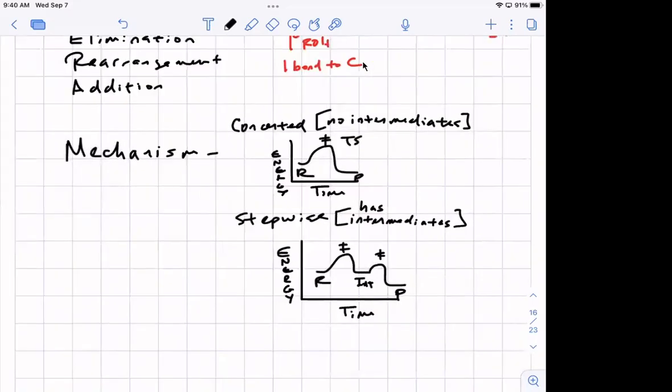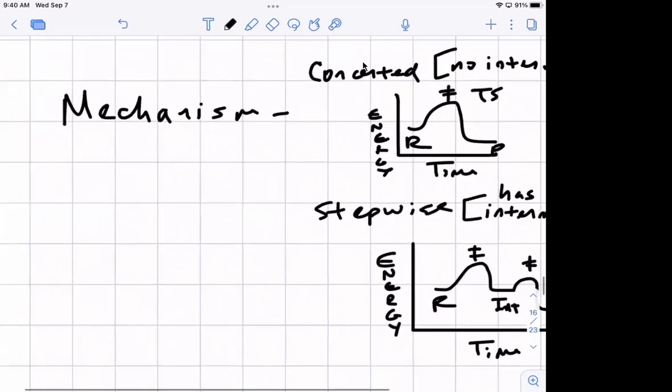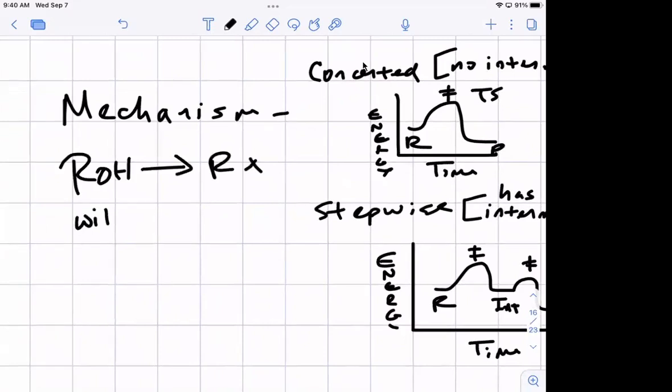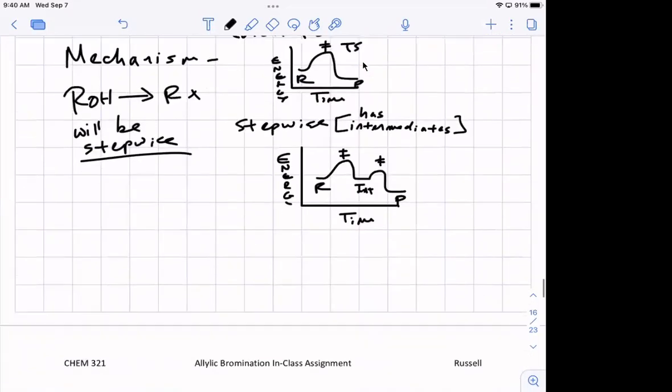For most of these alcohol conversions, the overall mechanism is going to be stepwise, so it's going to involve some intermediates.